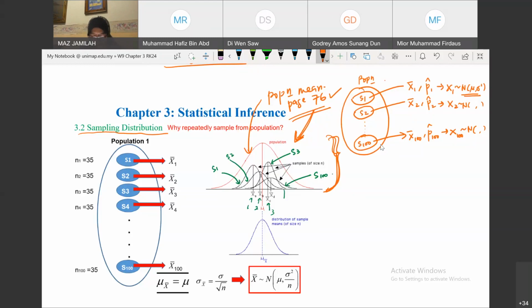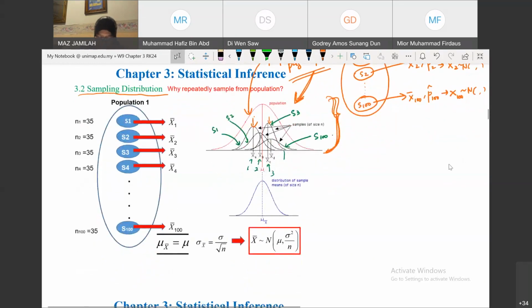Your sample could be this one, or another could be this one, but we take only one. But having in mind the sampling distribution gives you the distribution of your X bar. X bar follows a normal distribution with mean mu and variance sigma squared over n. This is what represents your sampling distribution.